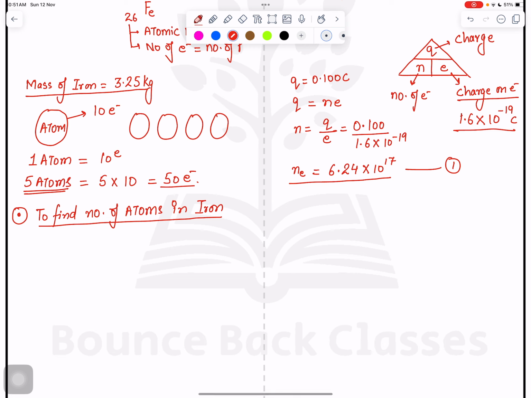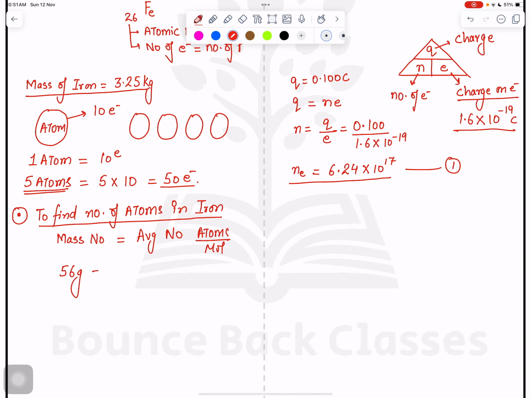We know 56 gram. I told you the mass number equals the Avogadro number per mole, or atoms per mole. So just solve it.